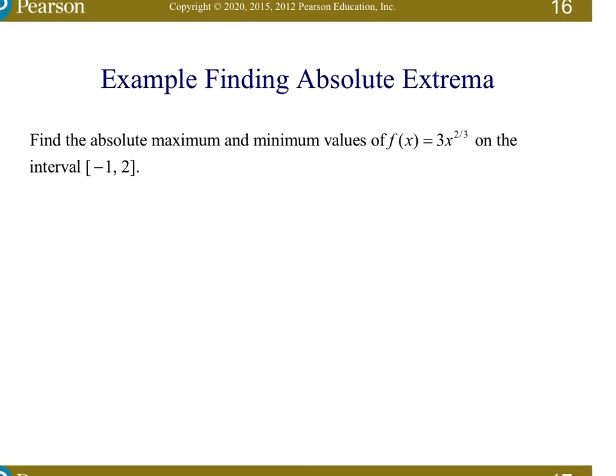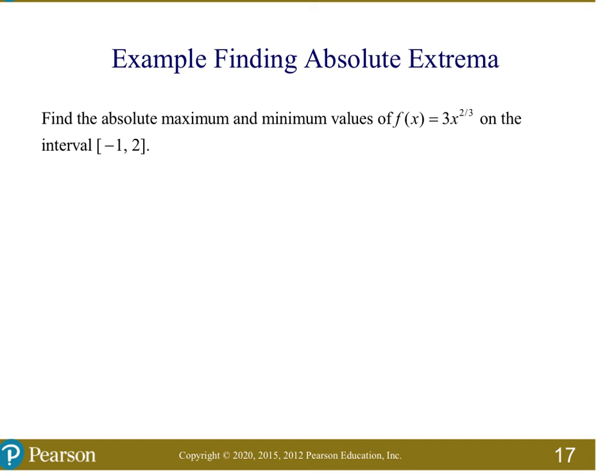This one is continuous. 3 times x to the 2/3. So this is for sure continuous. So let's check our endpoints. I won't make you have to go through the work of doing something that's discontinuous. The endpoints: x is -1, and also x is 2. So the y values for those.